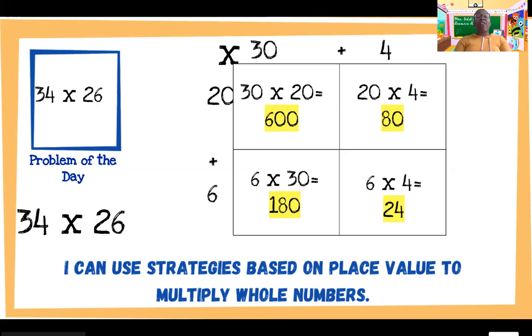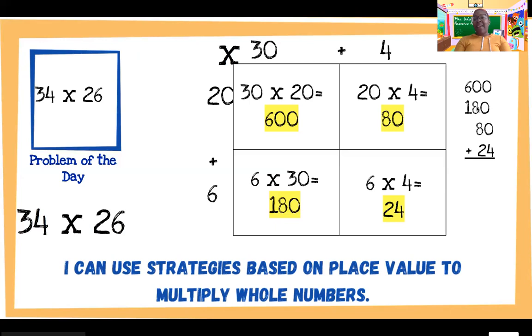So now that we have our partial products, we can put them together to find our solution. So let's add them now. 600 plus 180 plus 80 plus 24. Take a second to figure it out. If I look at my ones column, I've got 3 zeros and a 4, so I know my ones are going to be 4.